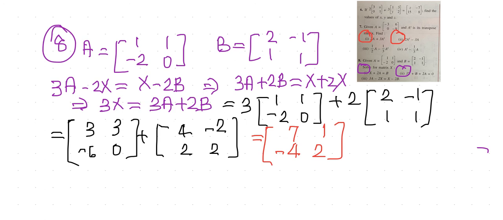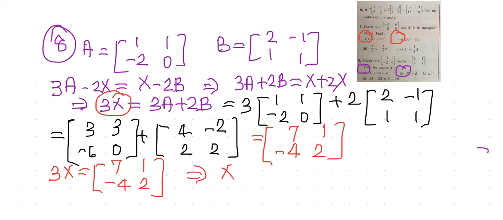But are you done? No, children, because 3X is equal to this. So what you will be writing? 3X is equal to 7, minus 4, 1 and 2. So the value of X that you are getting is equal to, write down, 1 upon 3 times 7, minus 4, 1 and 2.